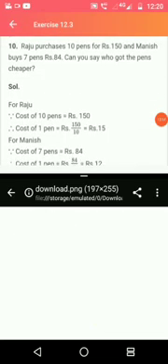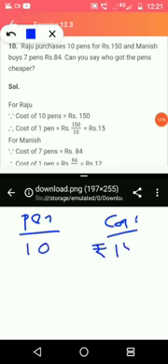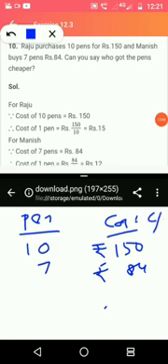Next, 10. Raju purchases 10 pens for rupees 150. Manish buys 7 pens for rupees 84. Can you say who got the pens cheaper? So with this I will see what is the cost of 1 pen. So cost per pen I will find.